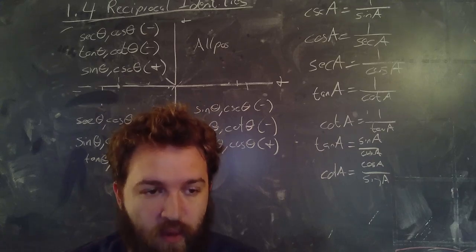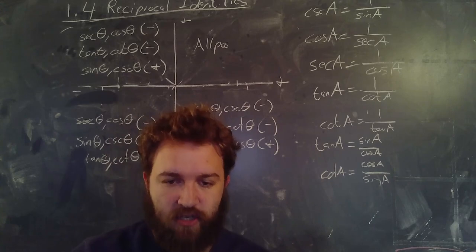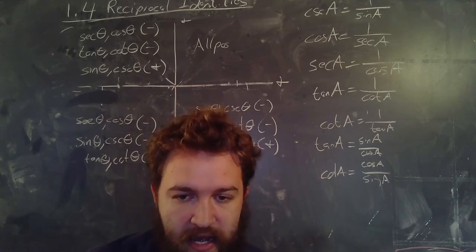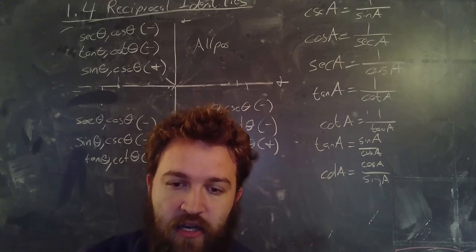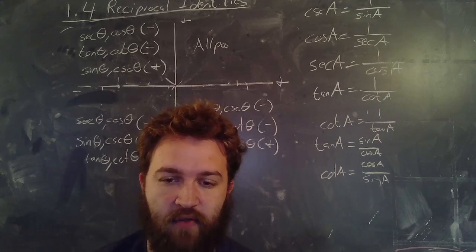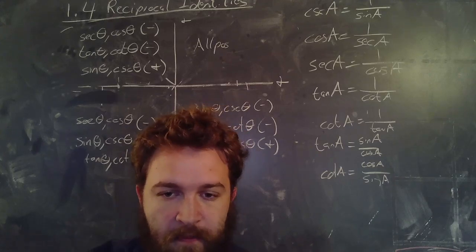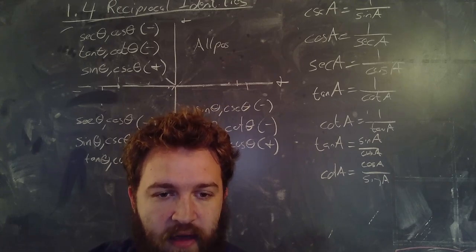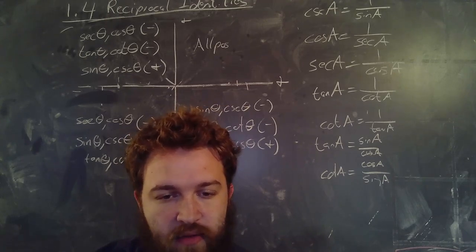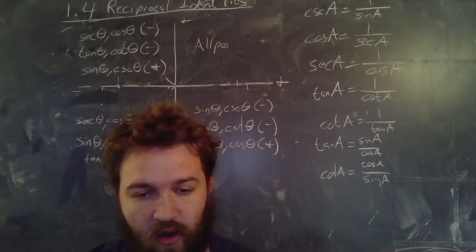Furthermore, in Unit 1, which is sections 1.1 up to 1.4, we want to make sure that we have memorized the identities for tangent and cotangent, which is that it is sine of A over cosine of A, and cosine of A over sine of A for cotangent. Lastly, we do want to have in our mind what Pythagoras' theorem says, that is a squared plus b squared equal to c squared. We want that to be automatic.